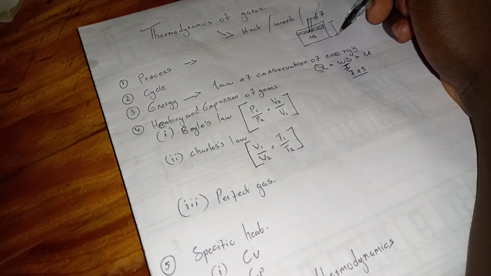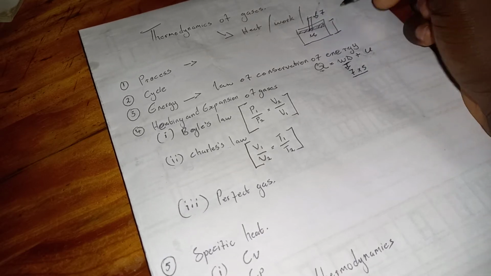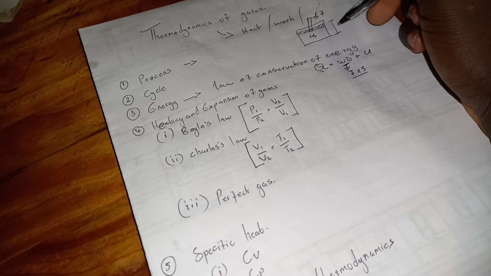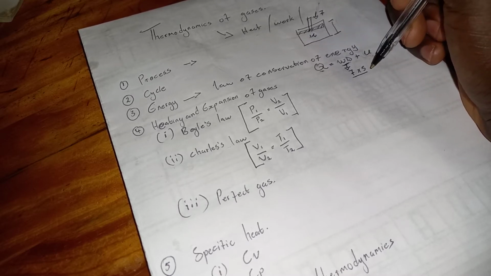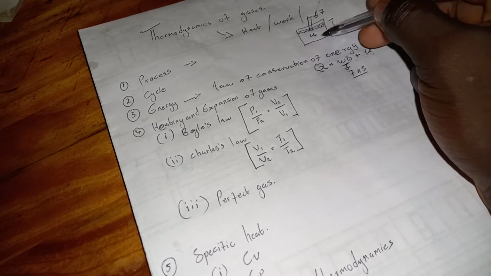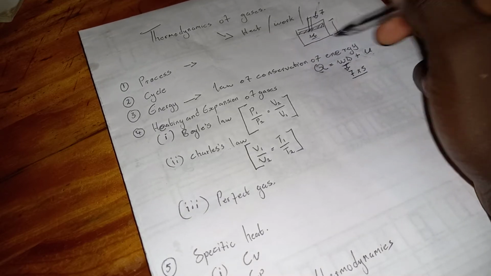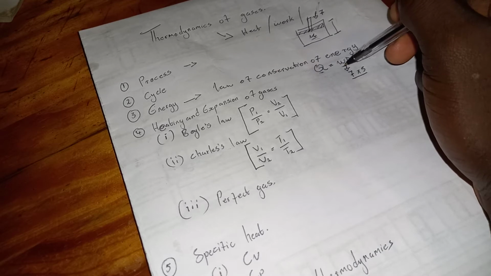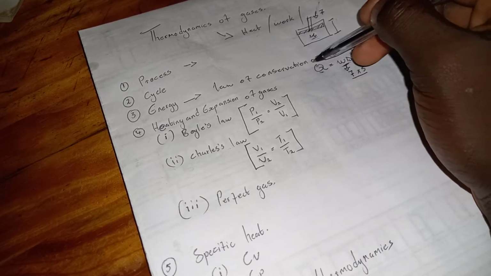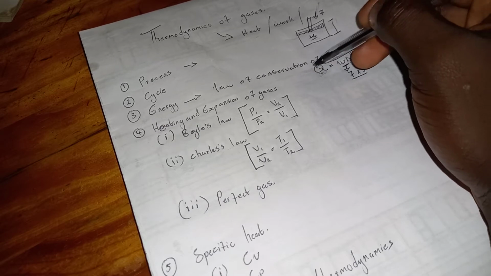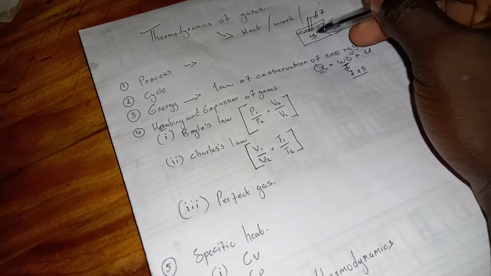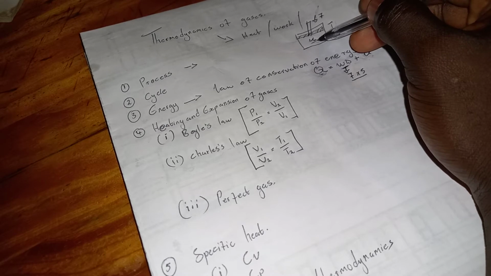If it goes this length, we can call it the stroke length. So it makes what you call work done. So the heat energy that is inside plus the work that is being done equals the heat energy, or the heat that is being supplied to the system.